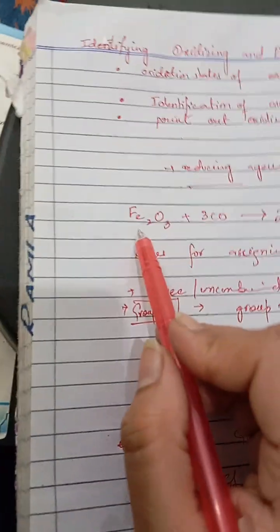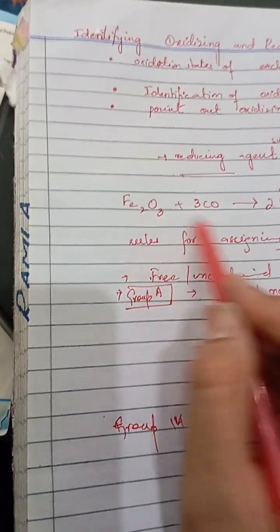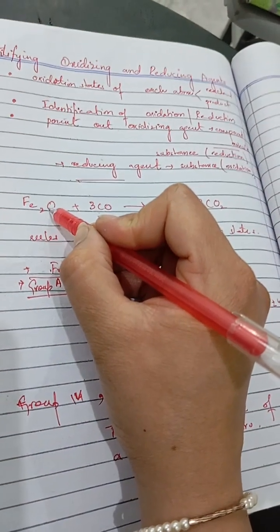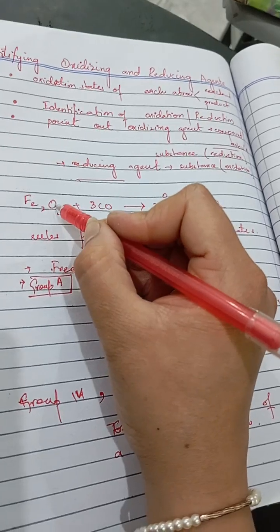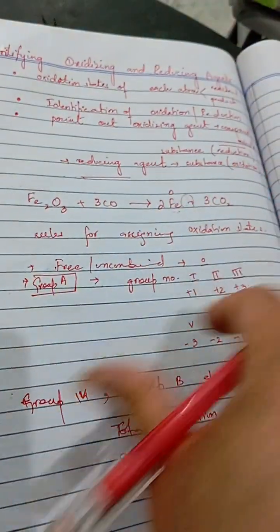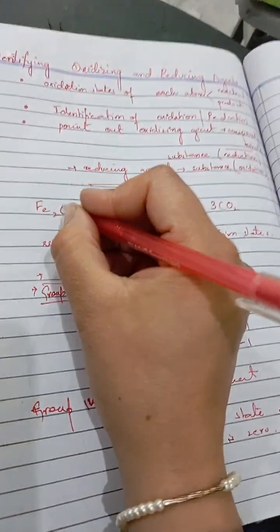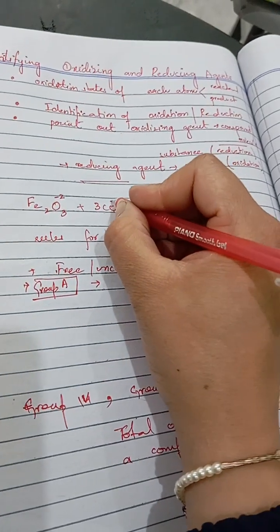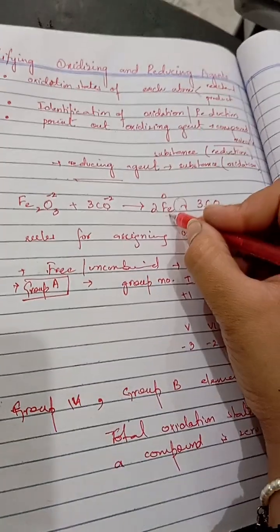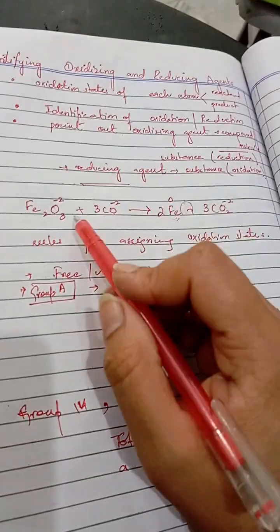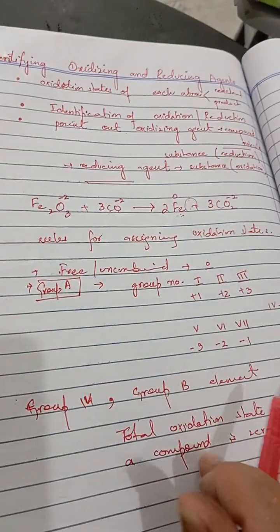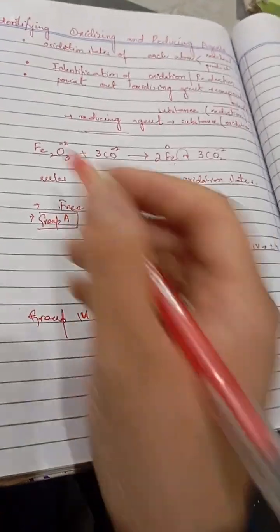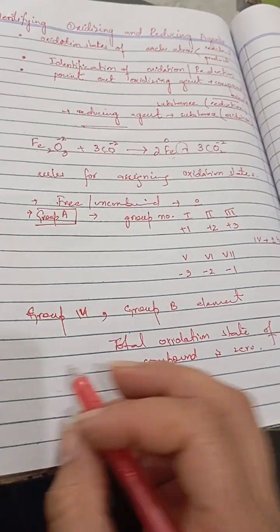For example, in this chemical equation, oxygen belongs to group 6, which I know from the atomic number given in the question sheet. So the oxidation state is -2. Here again group 6, so -2, here 0, here -2. Carbon belongs to group 4, and Fe is a group B element, so we will find their oxidation states by this process.